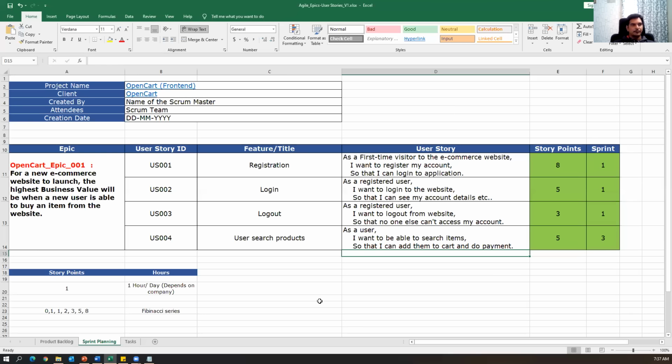Remember. Now, for every story, there will be development tasks and testing tasks. So during the sprint planning meeting itself, whatever stories they have decided to develop and test, they also add tasks to that particular story. For example, if registration is one story, what are the development tasks?